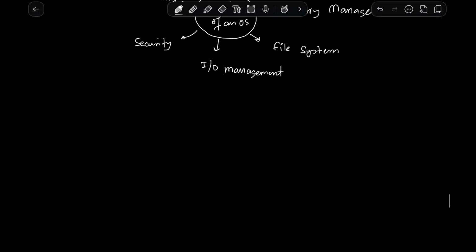Now, if we talk about goals of an OS, let's first draw it. If we talk about goals of an OS, the whole thing I could summarize is that it exists for two main reasons. The very first one is convenience. The OS is the one which makes the computer usable.